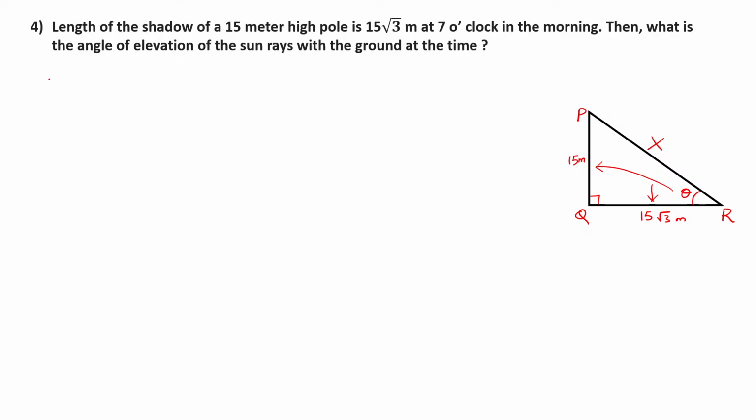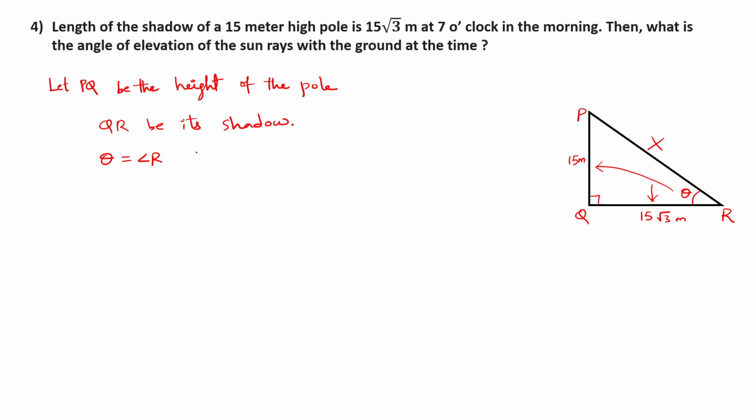Let us write the given information. Let PQ be the height of the pole, and QR be its shadow. And theta, that is angle R, is the angle of the sun rays with the ground.